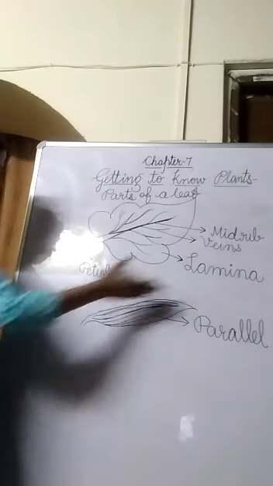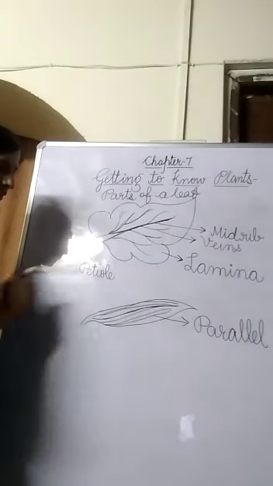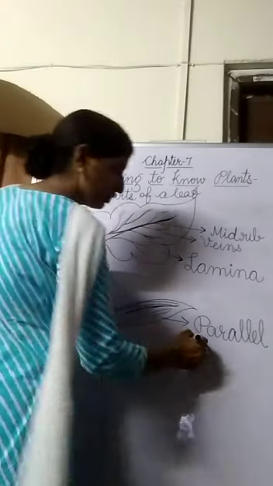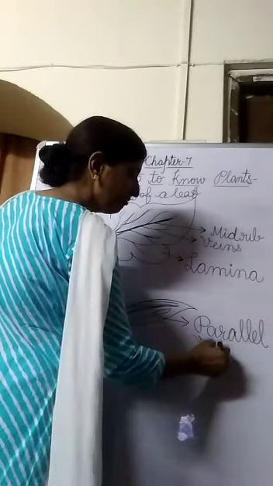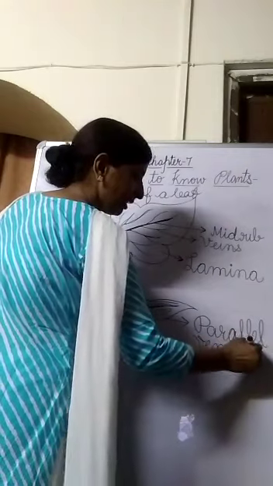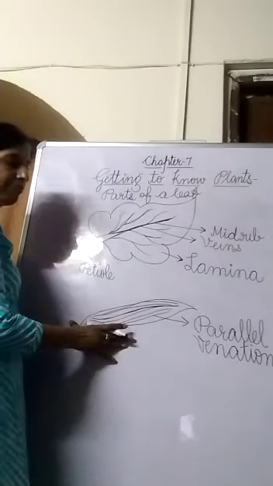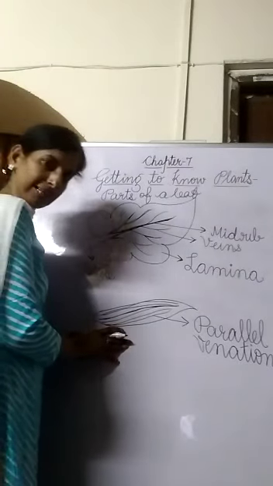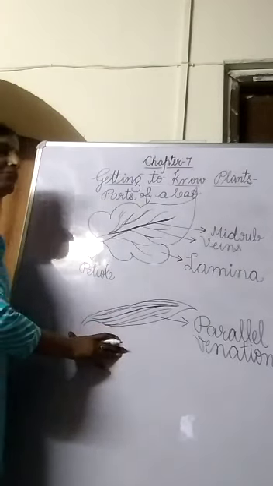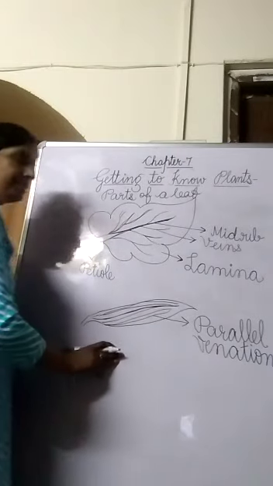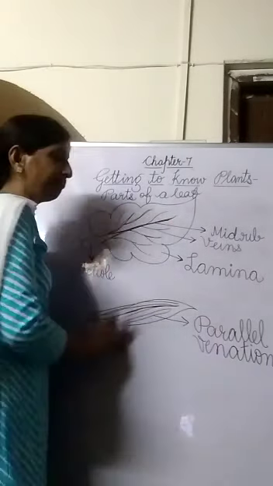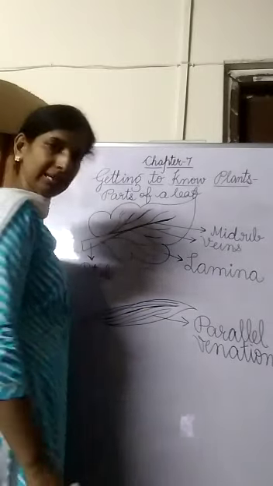In this leaf, the veins are parallel to each other, and the venation is called parallel venation. If you have seen the leaves of grass, you will find this type of venation in the leaf of grass. If you have seen leaves of wheat, maize, rice, bajra, jowar, you will find parallel venation in their leaves.